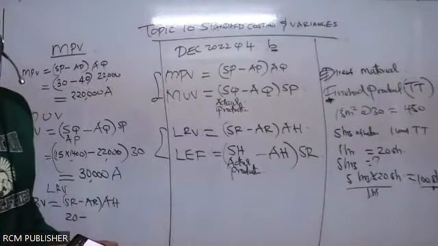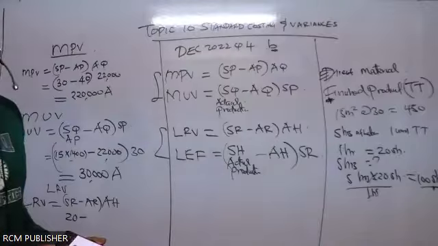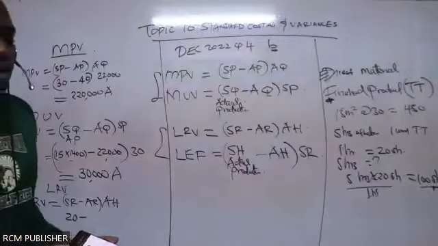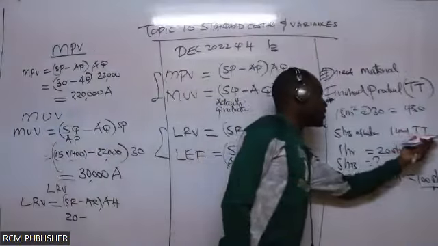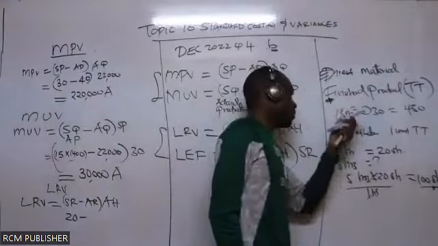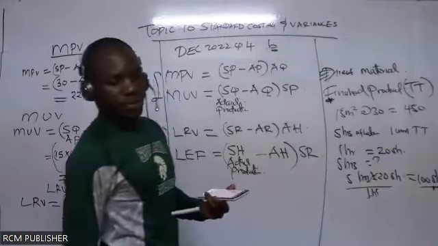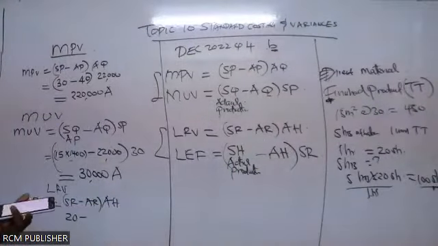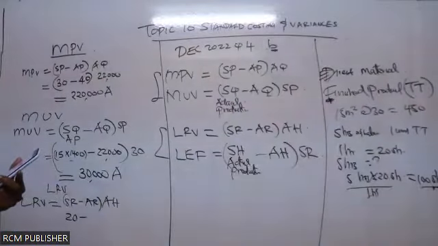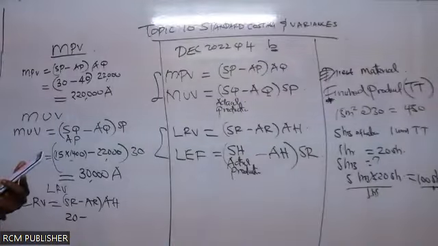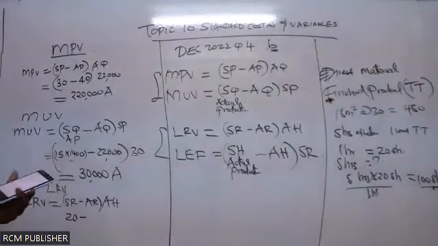Is it going to be 100 to produce 1 unit of TT, or 20 shillings per hour? What are we going to have? The direct labor hours is 5 hours. At what rate?